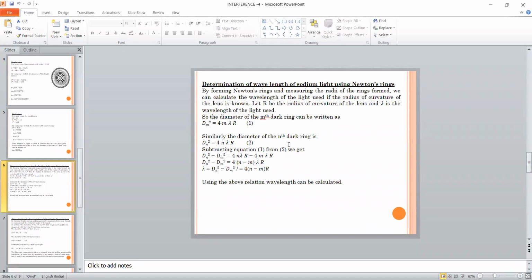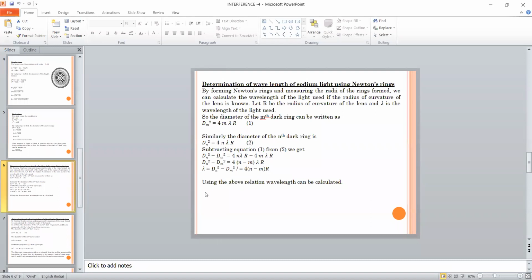Similarly, for the diameter of the nth dark ring, just replace m by n. So here also D square n is equal to 4n lambda r. Let it be equation 1 and equation 2. Subtracting equation 1 from 2, on the left side we can write D square n minus D square m is equal to 4n lambda r minus 4m lambda r.